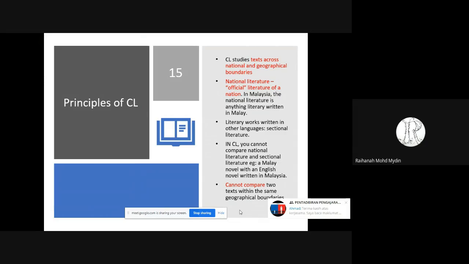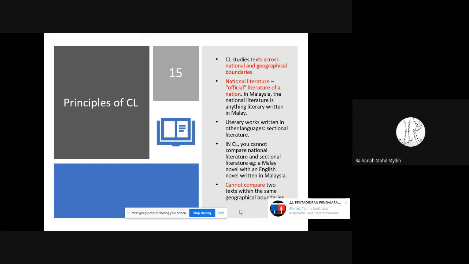But the official definition of national literature within the Western discourse is any text that's considered official in the nation, any literature that's considered official. All right. So in Malaysia, for instance, literary works written in other languages are known either as sectional or vernacular. That includes writings in Chinese, in Tamil, in Mandarin, in Telugu, in Urdu, in English, and Iban, all these other languages that are used in Malaysia.